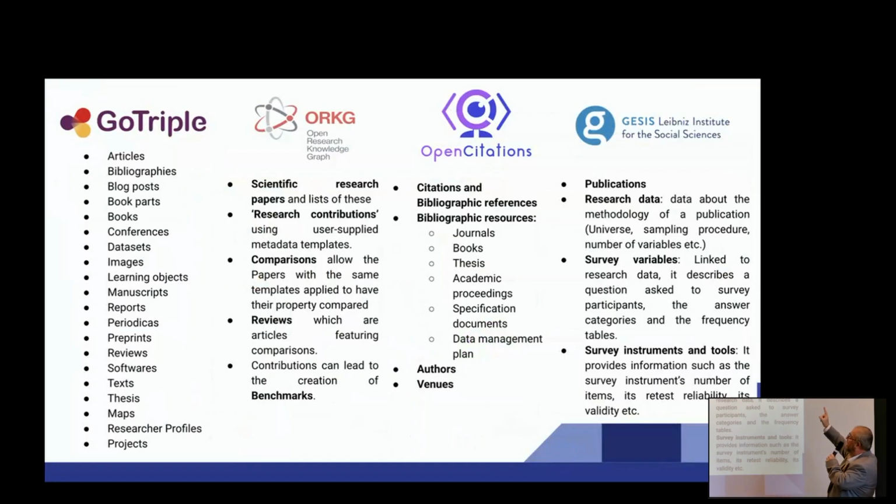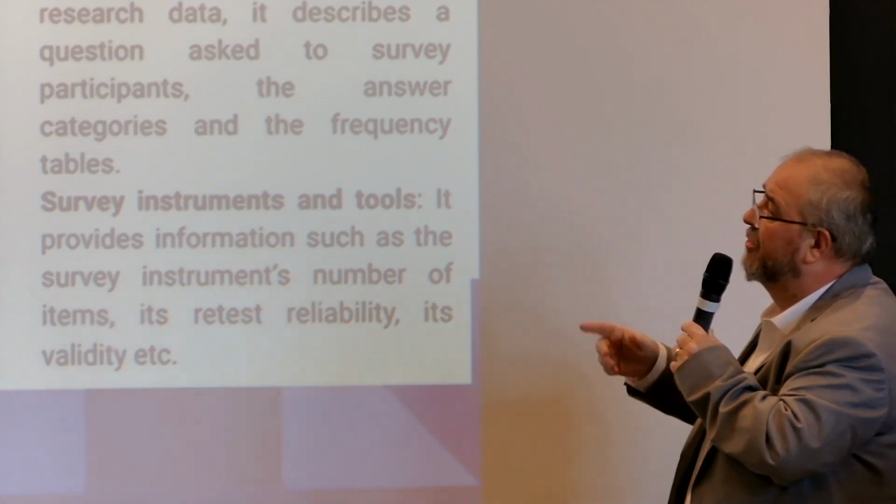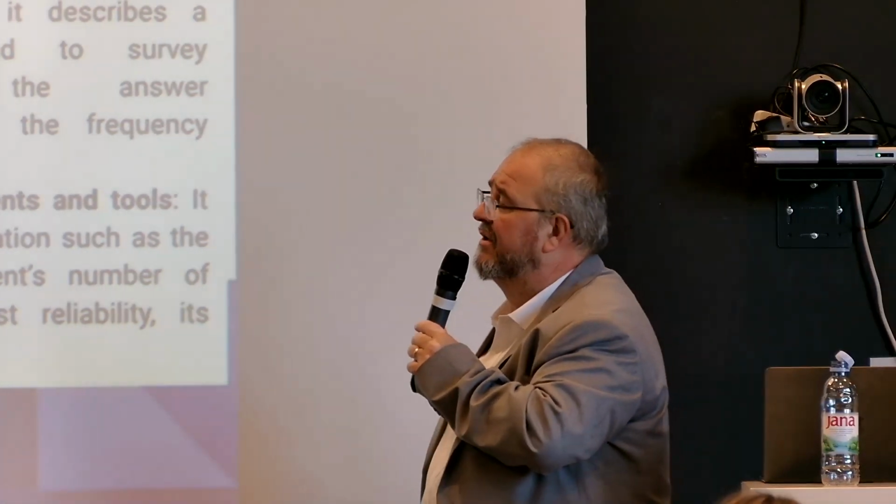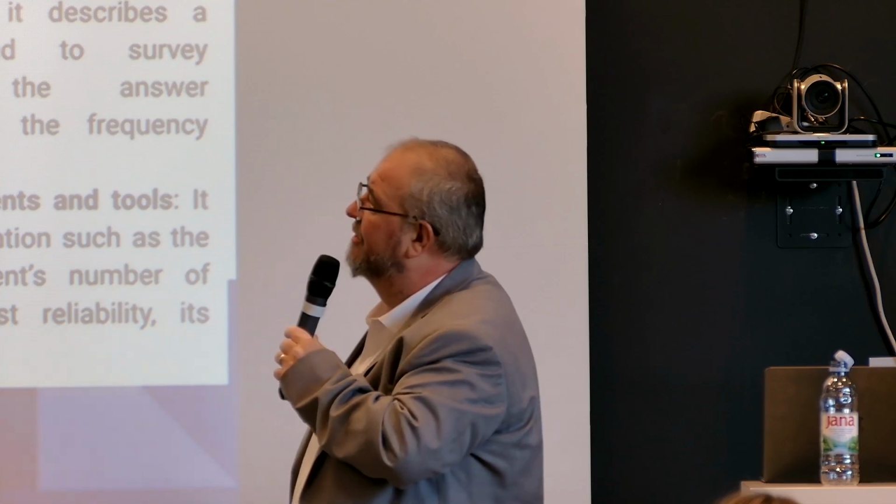And so make a link, for instance, and say it's just publications here. In this case, it's just articles. And then in that case, we'll create a mapping that says that the GESIS publication concept is going to be the same as the article concept in GoTRIPLE, or equivalent, if we don't want to have too strong a connection.